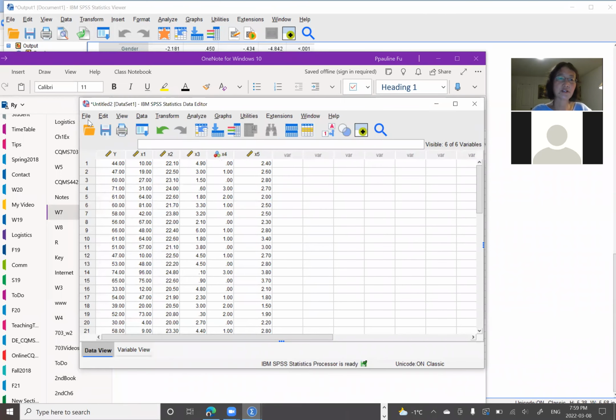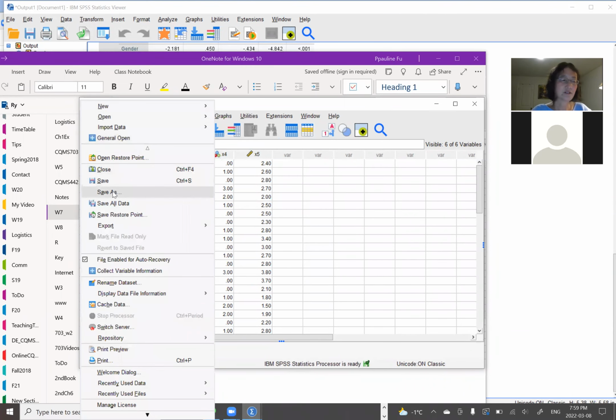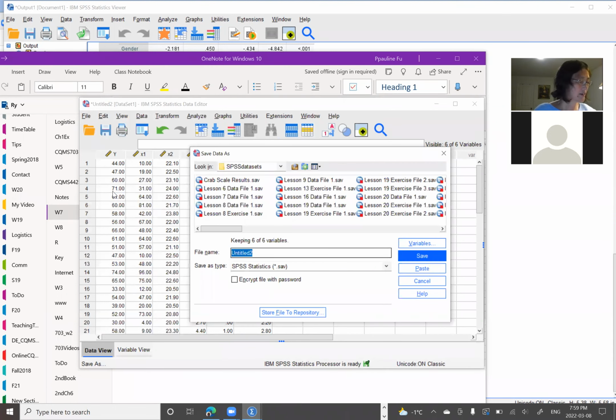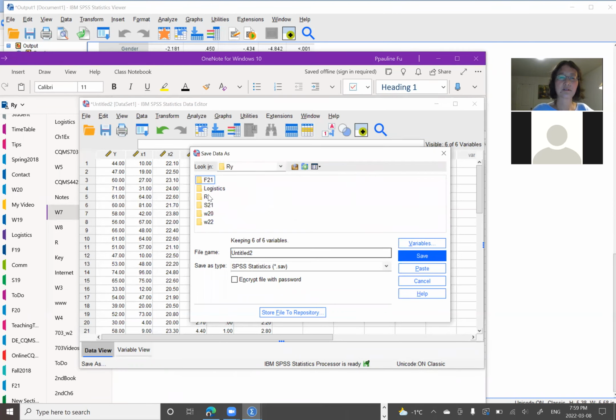I will save this, save as. This is my example, example 7.8. So I will save in my data.